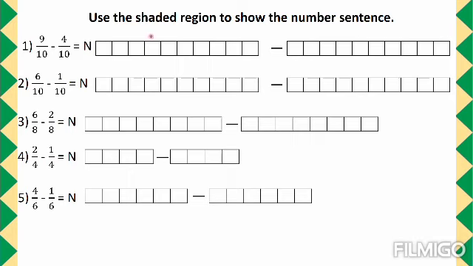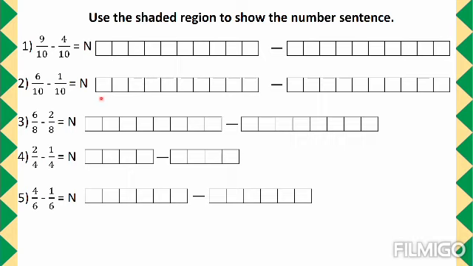So for 9/10 you should shade this part, and for 4/10 you also shade this part. This bar, I mean, this diagram or block represents tenths. So you need to use this bar for the 4/10 and show the number of parts being shaded.